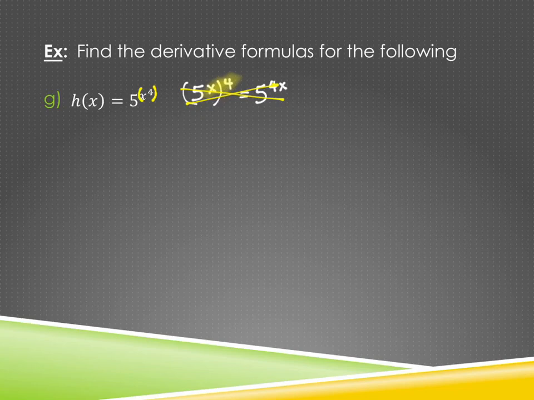Okay, so we have 5 to a power. That's my outside function. What's the derivative of 5 to a power? It's from section 3.2. Okay, so it's 5 to the same power, and then it's times natural log of 5.